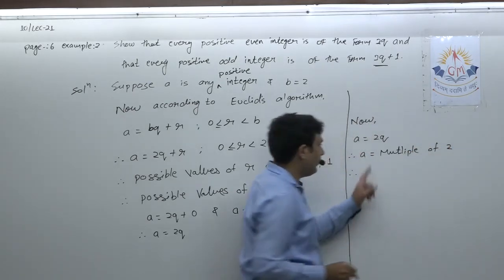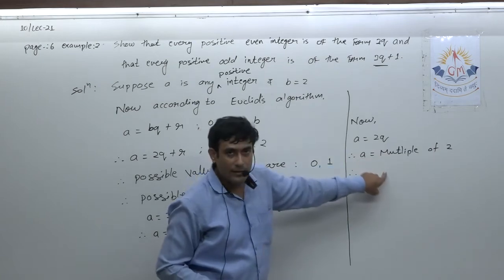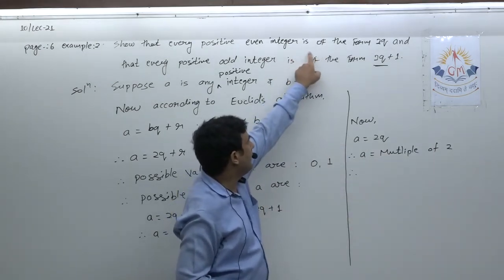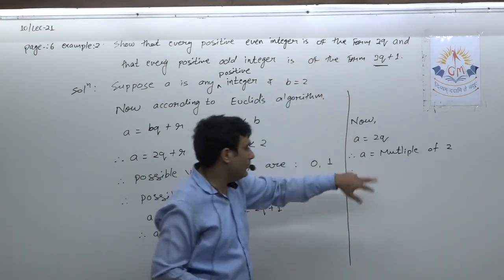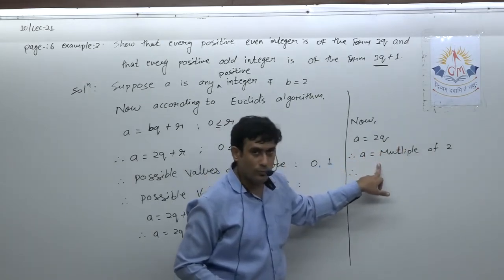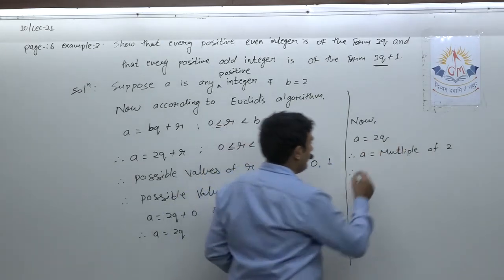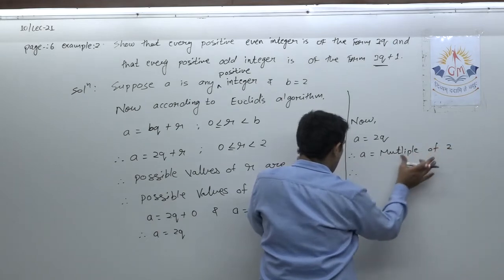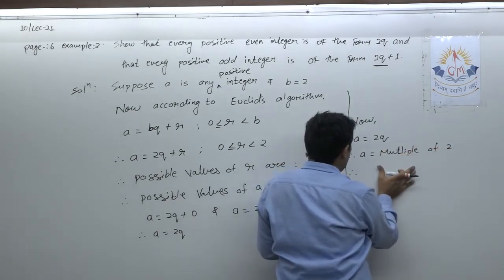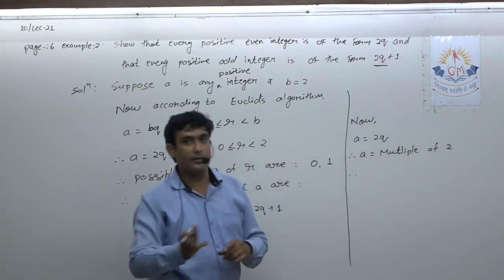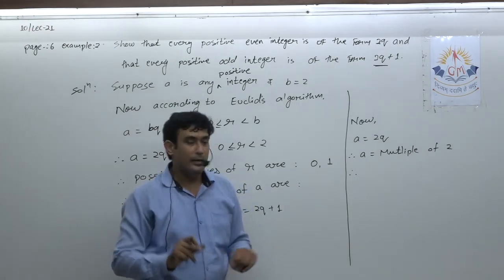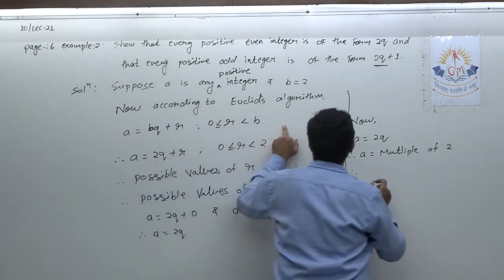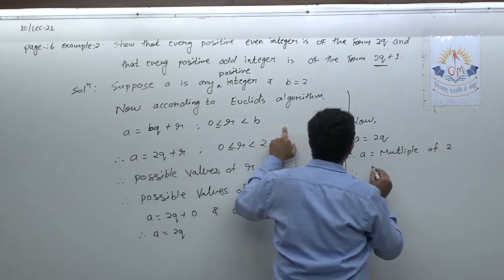As a is a multiple of 2, definitely a is divisible by 2. That means a is an even number. As a is divisible by 2, I can say a is an even number.